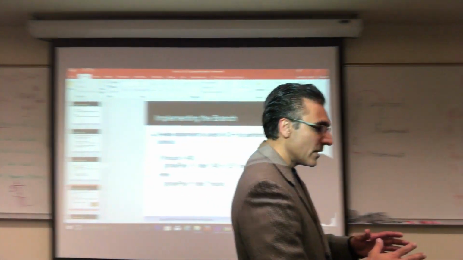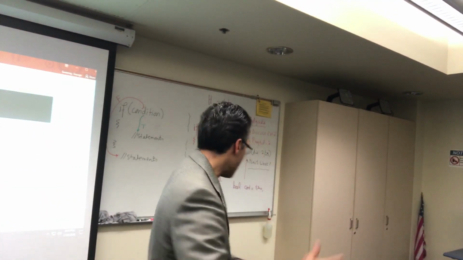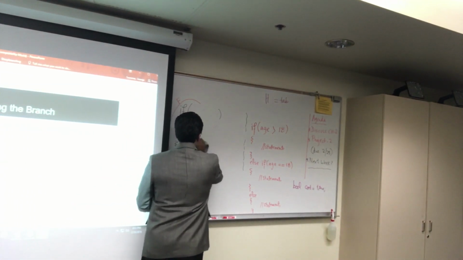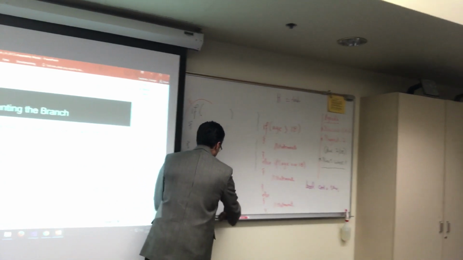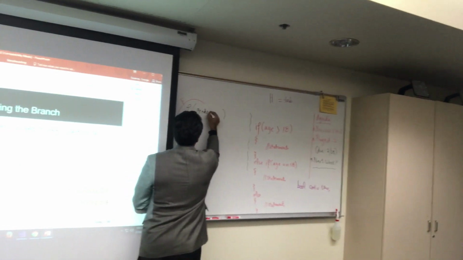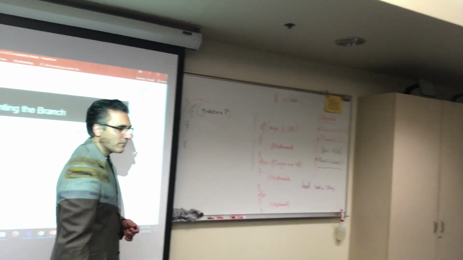Now you can have if by itself, and you can check multiple conditions by themselves. Let's actually take an example here. If I check if gender equals female, that's one condition.